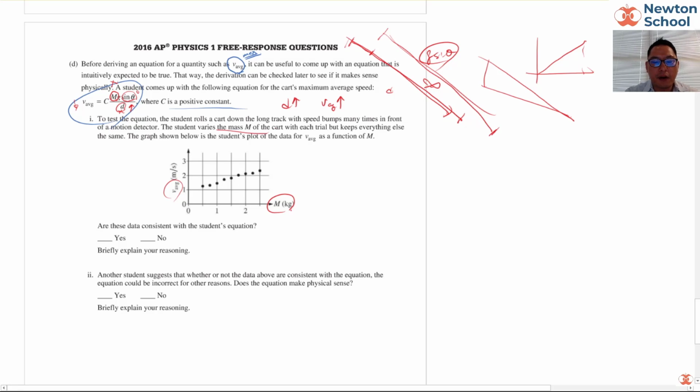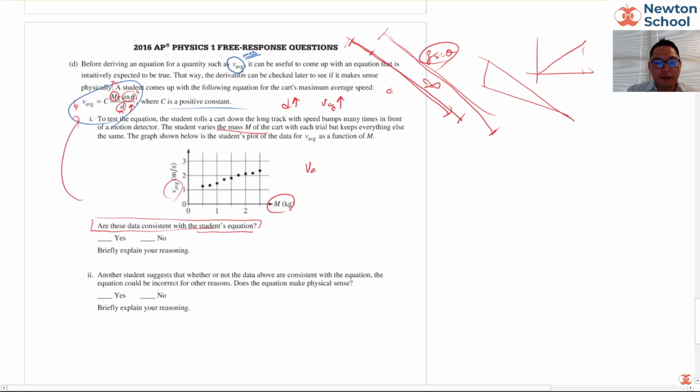Here they vary mass and keep everything else the same. So everything's constant except mass. The graph shows the student's plot. Is this consistent with the student equation? Here, I don't care if the equation is correct or not. The question was, is this data consistent with the equation? Well, the only thing changed was the mass.